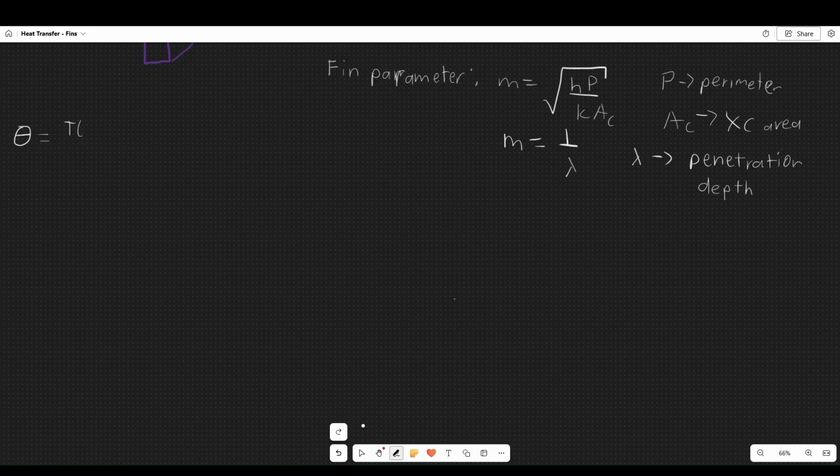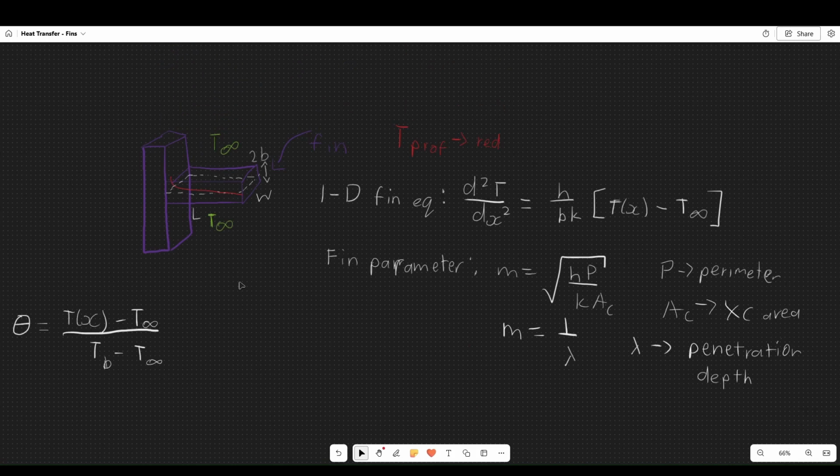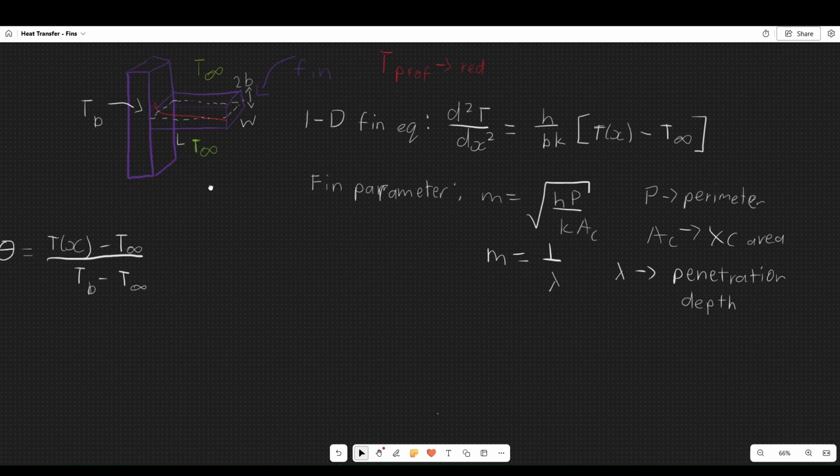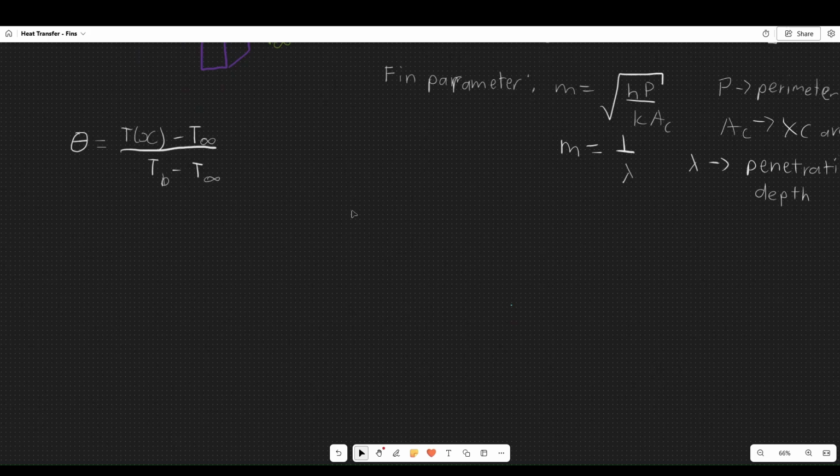But we have T of x minus T infinity divided by T base, so that's going to be the temperature at the main wall. Perfect. So this is our theta, our new non-dimensional temperature.